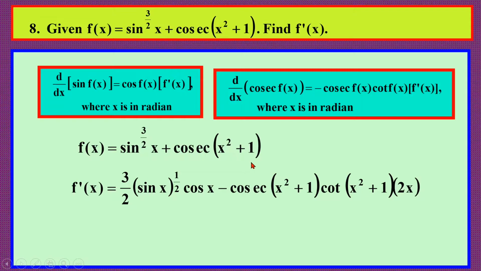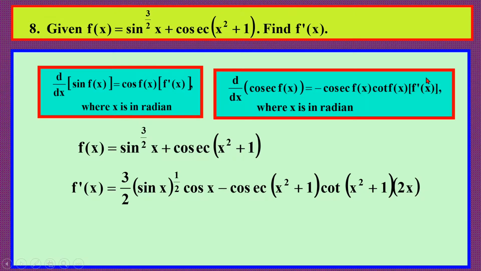Now for the one behind, cosecant squared plus x squared plus 1, I will need to deal with the formula. So differentiating cosecant x squared plus 1, I get negative cosecant fx. So I will copy negative cosecant. The fx is x squared plus 1. Then cotangent fx. So I will write cotangent, and the fx is x squared plus 1.